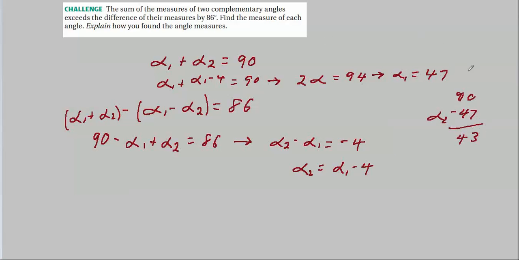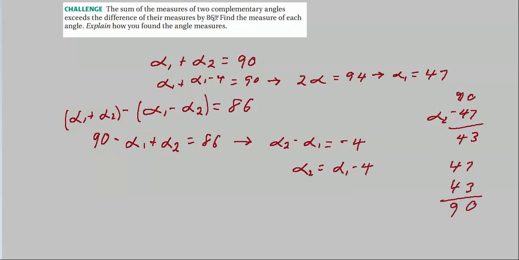Does that add up to 180? Well, let's take a look. With luck, they do. They better not add up to 180. I'm going backwards here. They're supposed to add up to 90. Let's see if they do. And they do.